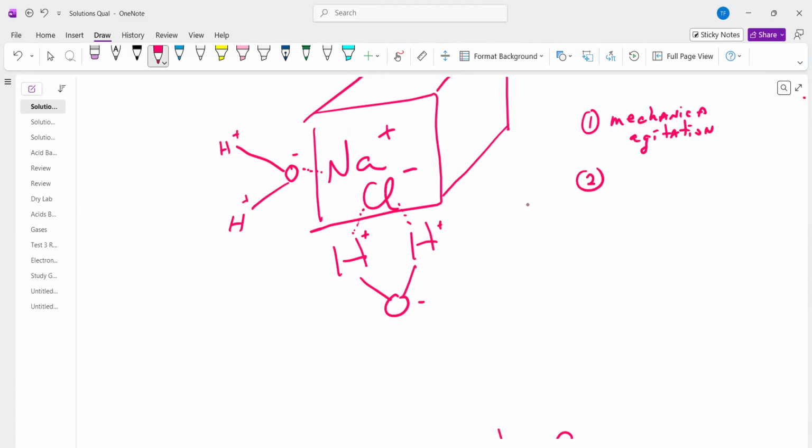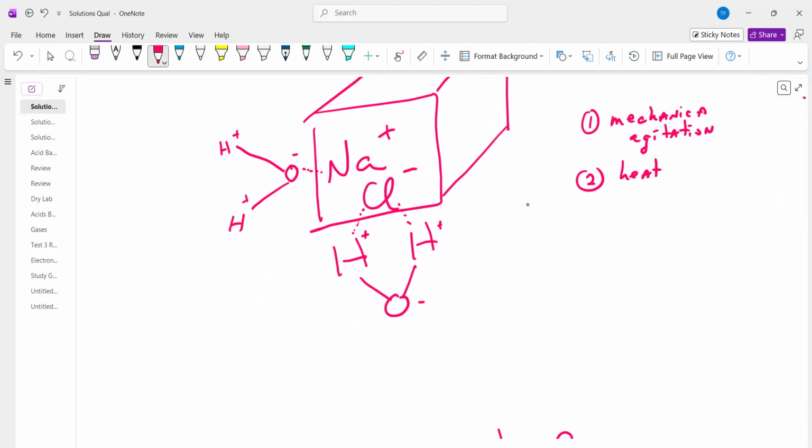What else? Heat or thermal, as he said. Now, heat is just a manifestation of kinetic energy. Kinetic energy is the energy of motion. So when we raise the temperature, the motion of those particles increases.